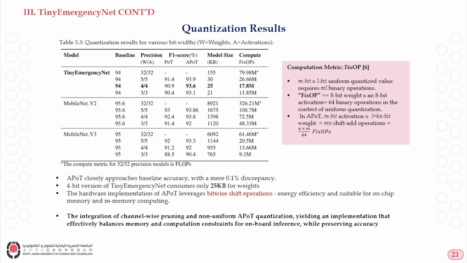Remember the original model had 95, so we have lost a bit on accuracy, but now you can notice that we have a smaller size. Now we have a model of 25 kilobytes. Remember we had the original model at 0.36 megabytes. So we have 25 kilobytes with only a reduction of 1% in accuracy.